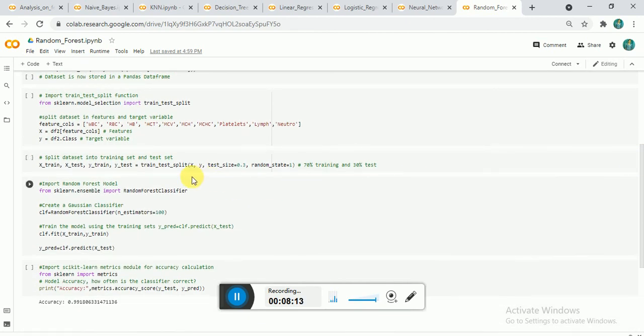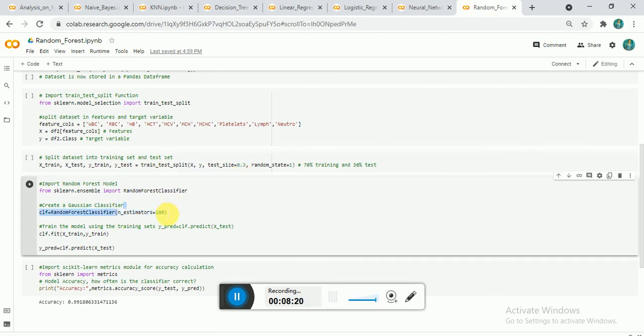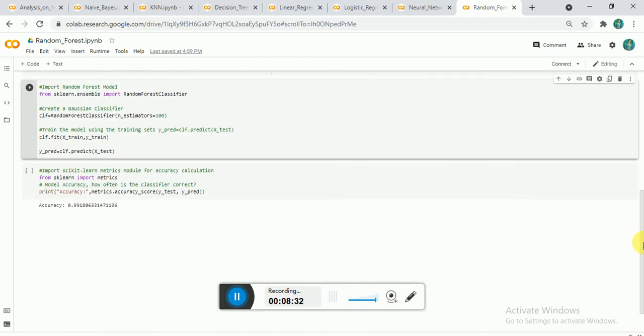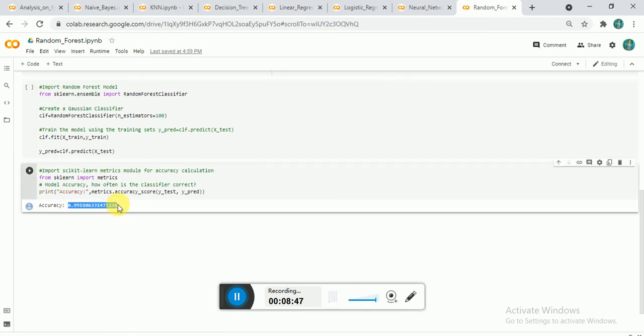The 70% and 30% dataset split is used, and the n estimator is 100, which means 100 trees will be built when we predict the value of the dataset. The accuracy achieved in this model is 99%, which is the highest accuracy among all the algorithms. So we can say this is the best algorithm among all.